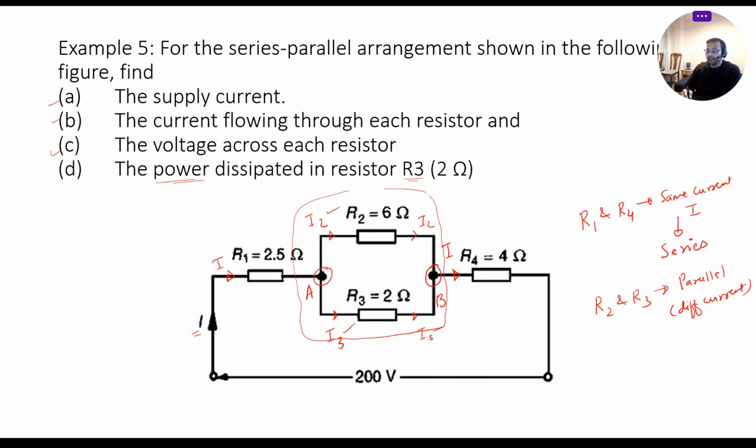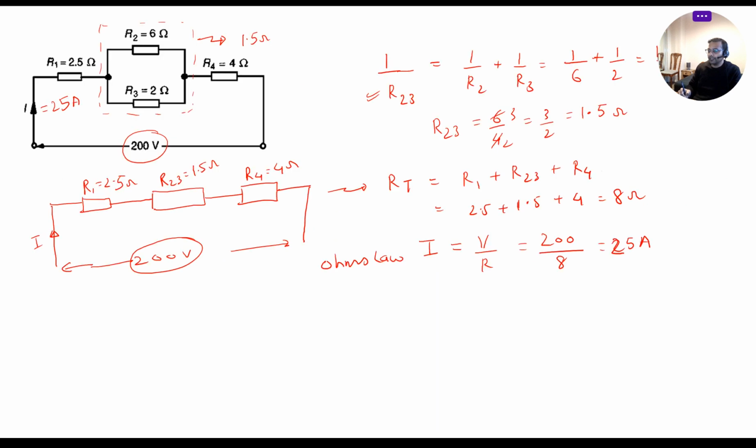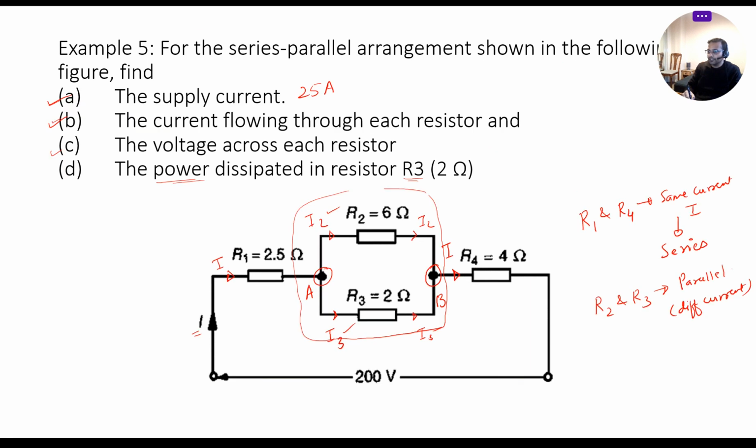Now let's go back and see. So the supply current is 25 amperes. We have calculated that. Part B, the current flowing through each resistor, including the parallel ones. As we have seen here, current I is flowing through R1, right? So I1 will be my supply current, 25 amperes, and the same supply current is flowing through R4.